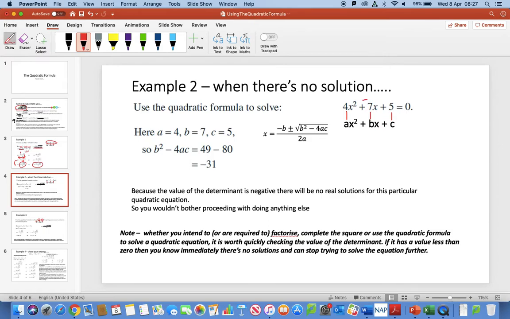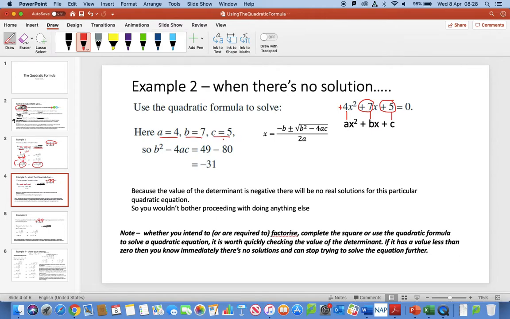Now, as I said in the last video, the values of a, b and c also take on the directed value of that coefficient or constant in the equation. So because that's a plus 7 and a plus 5, and of course the 4 is obviously a plus, then a, b and c are all positive numbers.